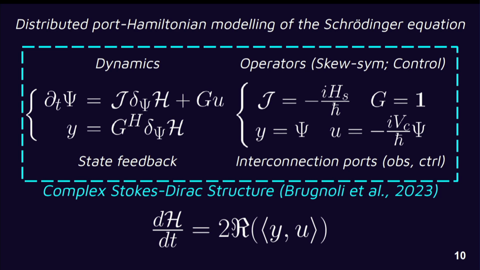And to recover the Schrödinger equation, you use this control, which is in fact a state feedback of the wave function with the potential of control. And so using this structure, we get this Hamiltonian balance at the bottom line, so the balance between the two interaction ports, U and Y.